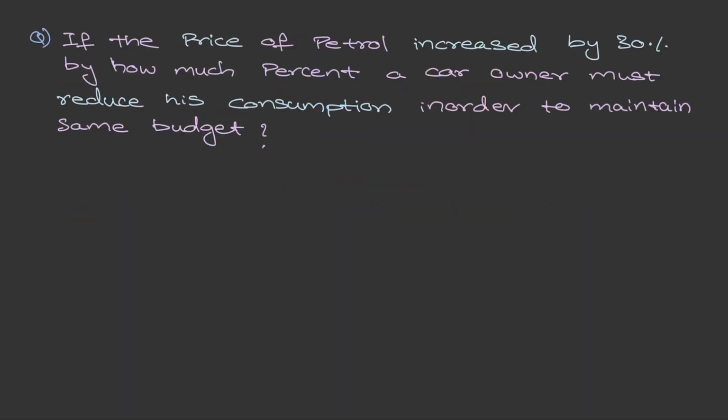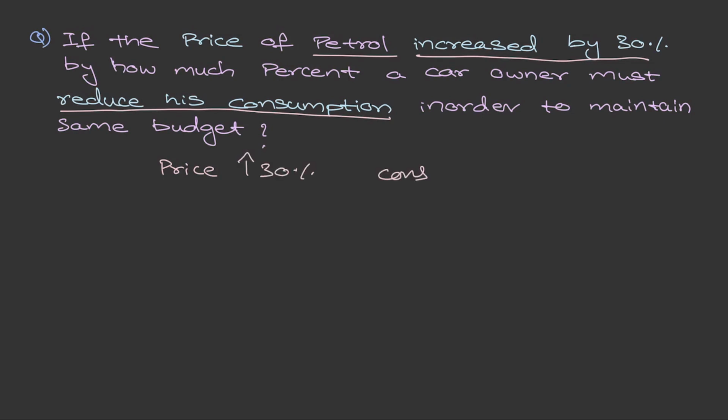Here is a question which says that price of petrol increased by 30% and by how much percent a car owner must reduce his consumption in order to maintain the same budget. So given price increased by 30% and we know consumption must reduce.